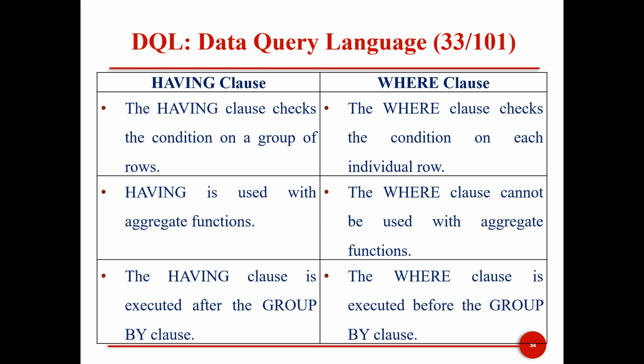Maybe you want to check the minimum, the maximum, the count, the sum, the average, they use HAVING. But the WHERE clause cannot be used with aggregate functions. Then the HAVING clause is executed after the GROUP BY clause. We only use it after you have used the GROUP BY clause. But the WHERE clause is executed before the GROUP BY.